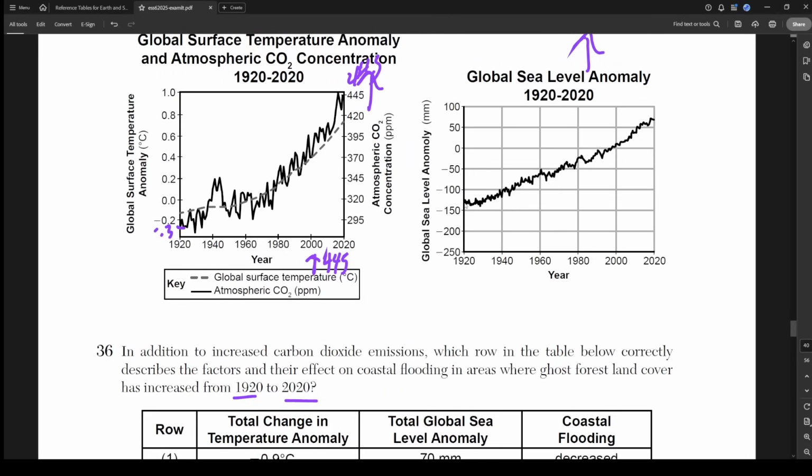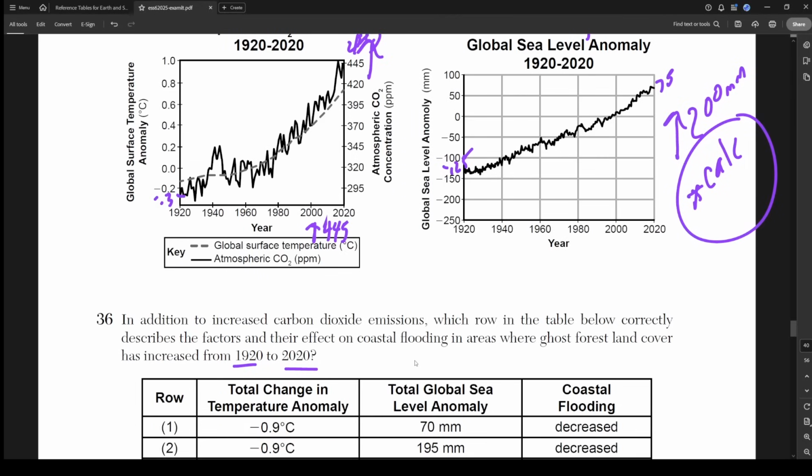And then this is going to be negative 125 going to like 75. So you can figure out that's 75 plus 125. So this changed by 200 millimeters about. So this might be something you would need a calculator for again. So that's 2 questions so far for a calculator.